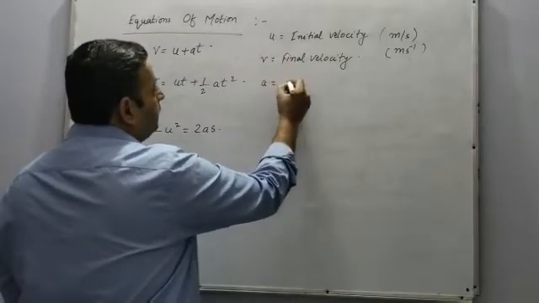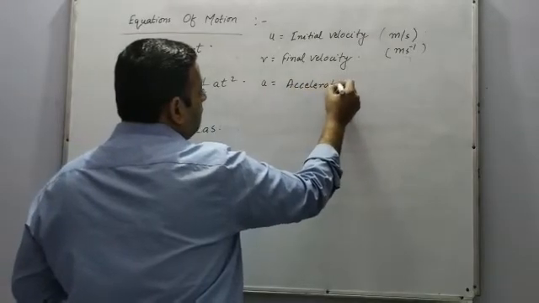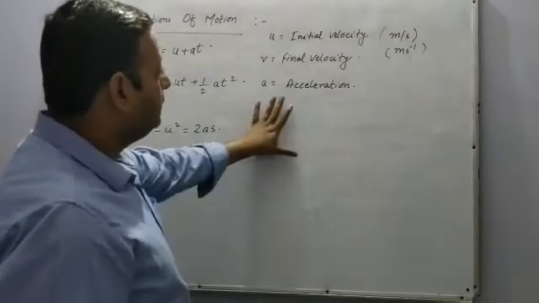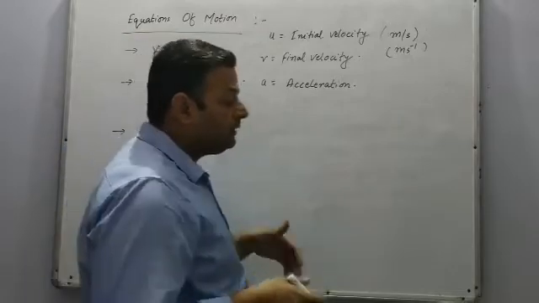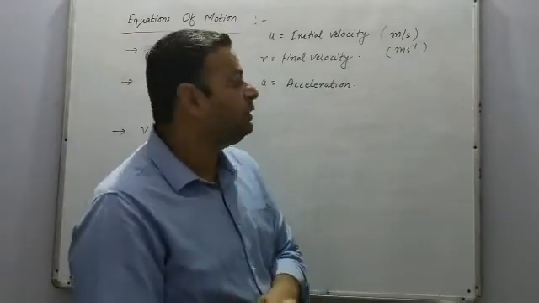Now A is acceleration. Acceleration can be defined as the rate of change of velocity, that is, how much change in the velocity has taken place in a particular period of time.